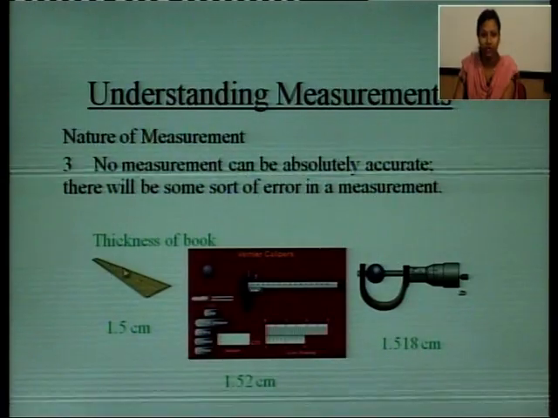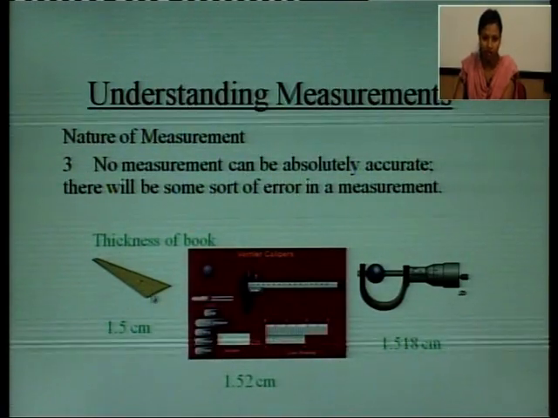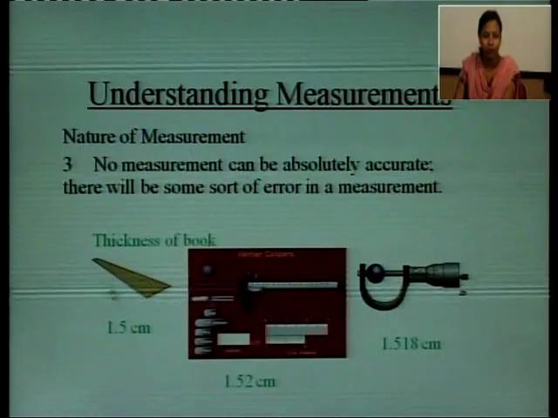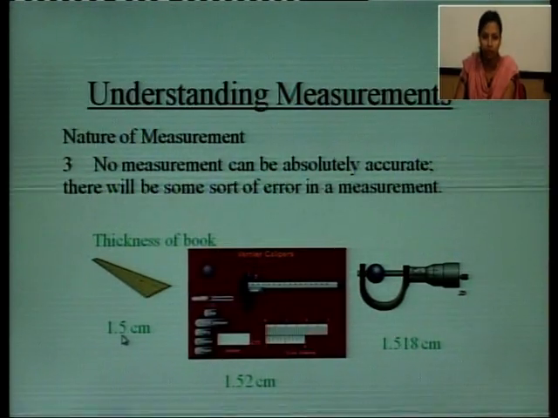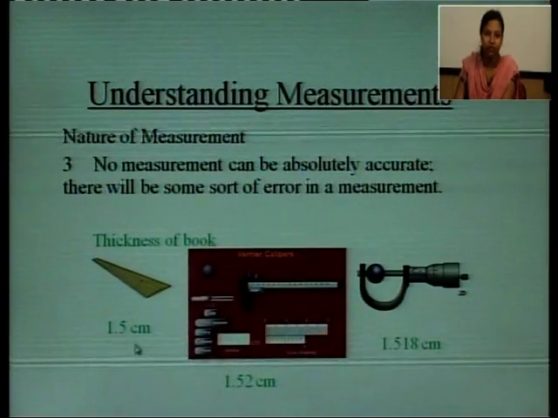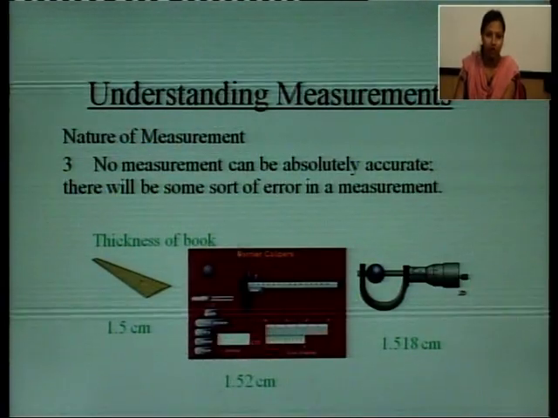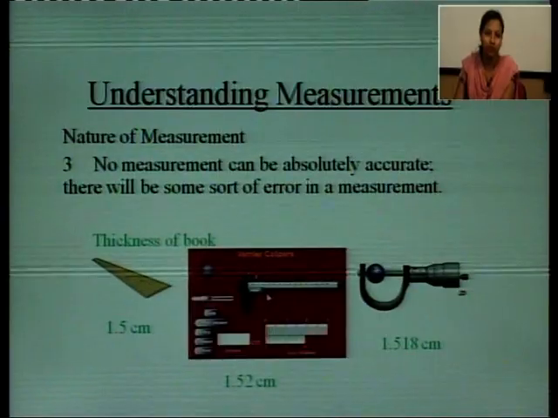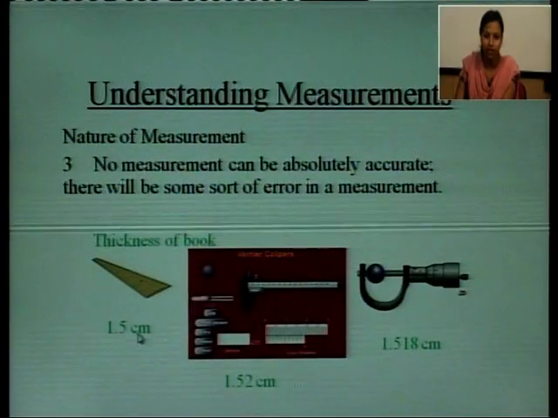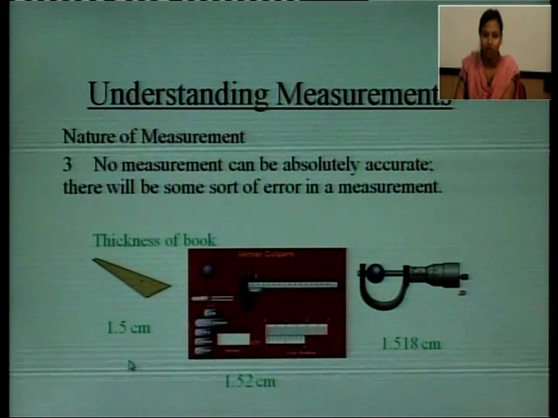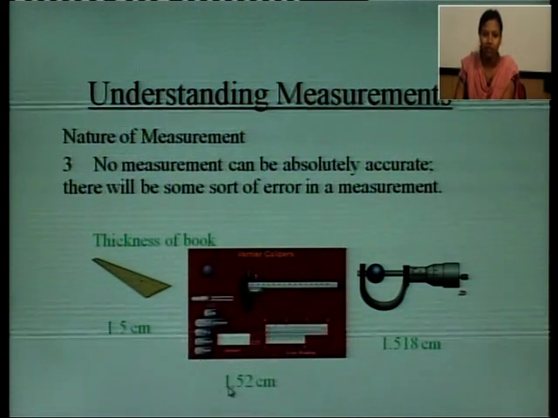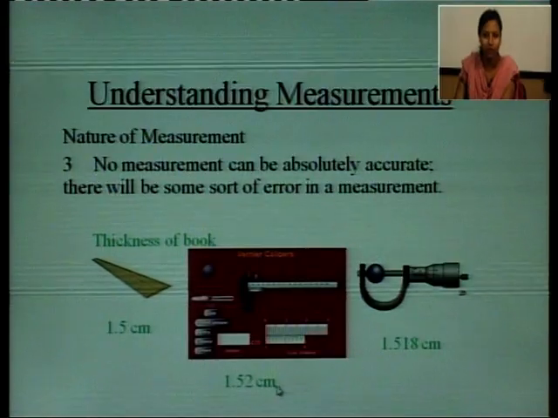If we want to measure the thickness or length of anything, suppose its length is 1.5. With a scale it is up to 1 decimal point only, so it is 1.5 centimeter. While doing the same measurement with a Vernier caliper, it will give us up to 2 digits after the decimal, so instead of 1.5 it can give 1.52 centimeter.